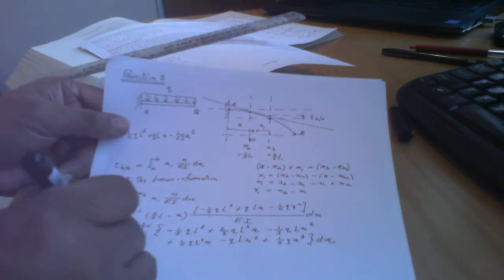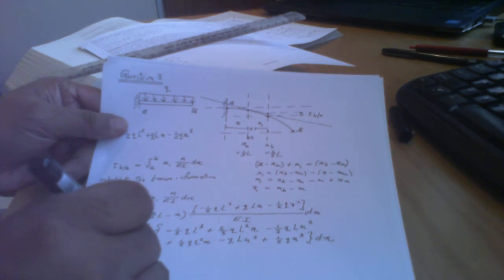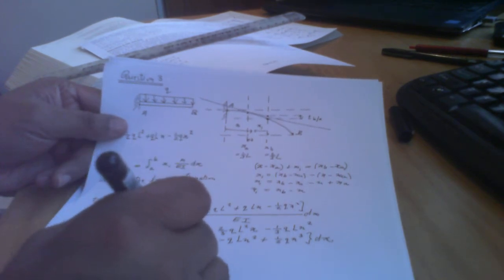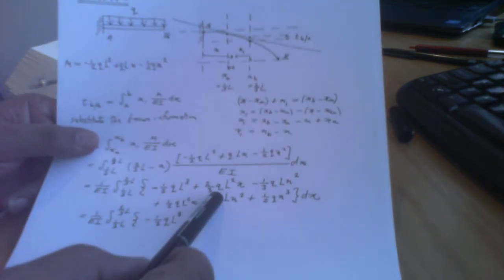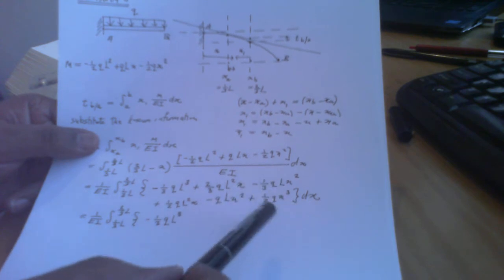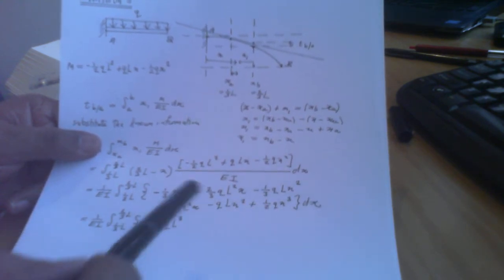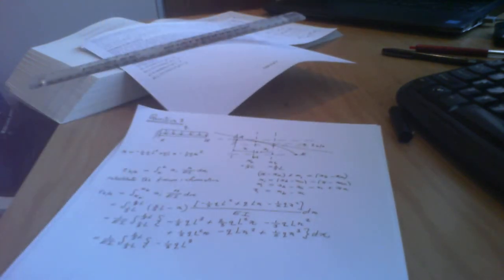So that would be 1 over EI, integrate from 1/3 L to 2/3 L, open the curly bracket. The constant would just be minus 1/3 QL cubed. We've got for the x, 2/3 QL squared and a half QL squared. So 2/3 plus a half would give us an answer.